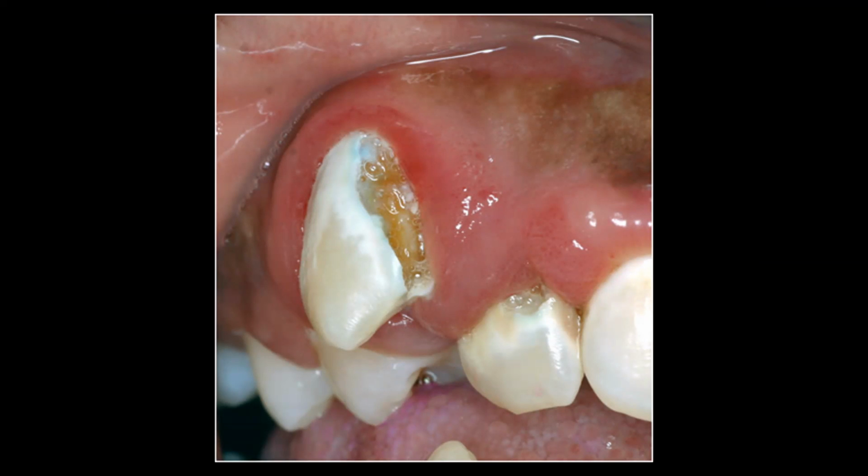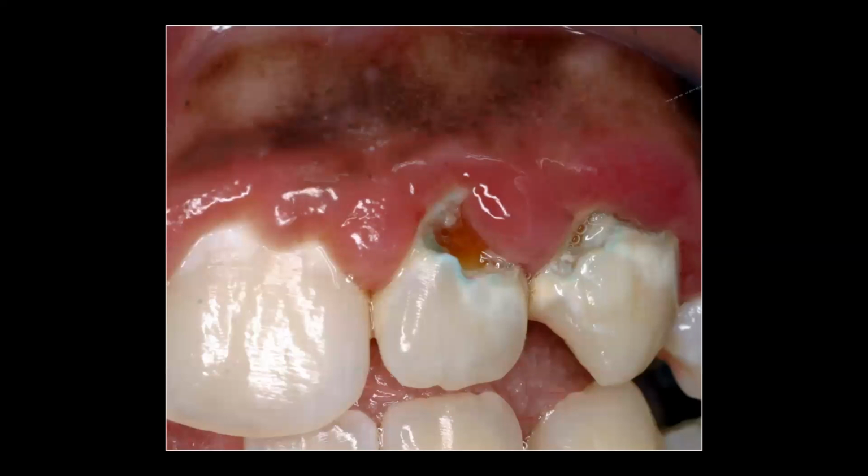So you're going to take an instrument and you can scoop out soft areas. And do you notice the gingival inflammation around that? I mean, that's all that bacteria with that caries process helping with your periodontal or gingival process as well.